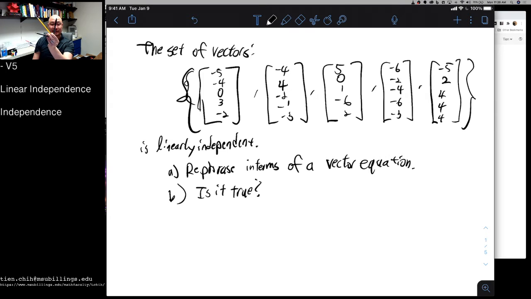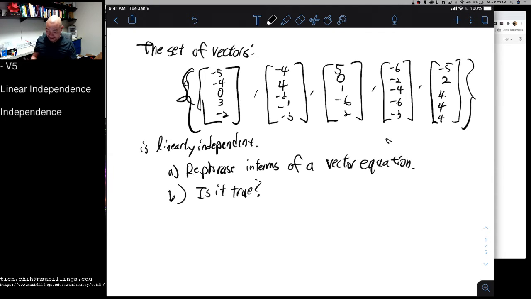On the other hand, linear dependence means that I could combine two or more of the vectors, for example go across and then up, to get one of the other vectors. So that's linear dependence.